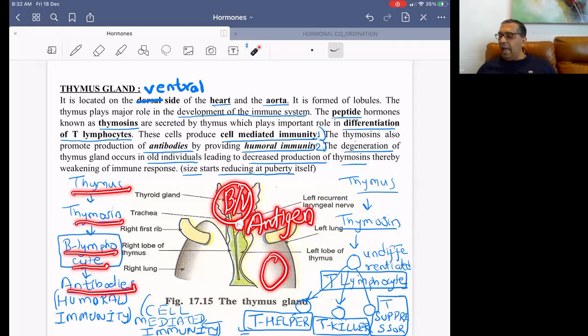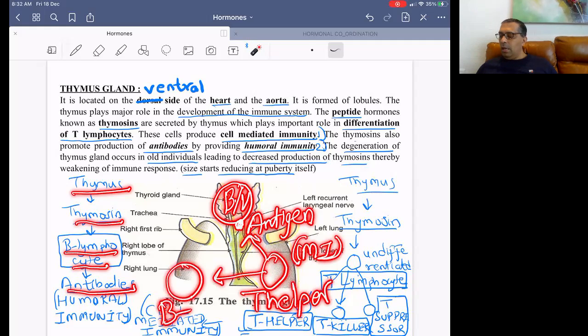A T helper lymphocyte will recognize the antigen, and that is a part of cell mediated immunity. And then the T helper lymphocyte gives messages to B lymphocytes, and the B lymphocyte starts producing proteins, and those proteins are called antibodies.